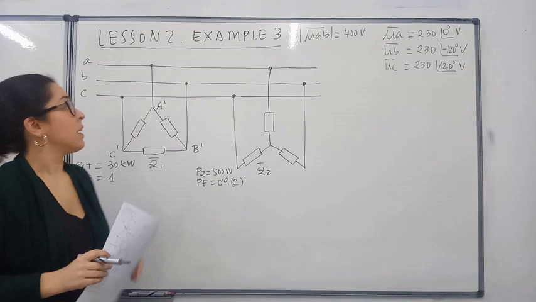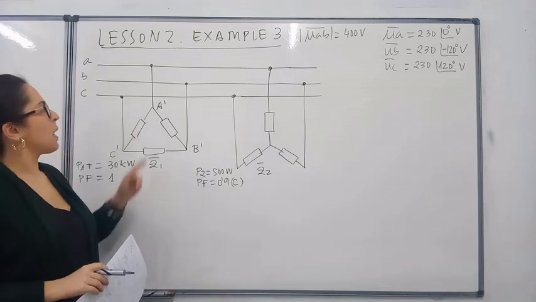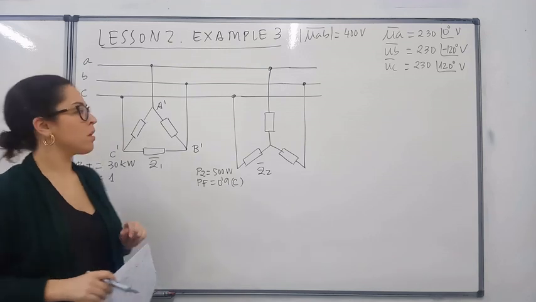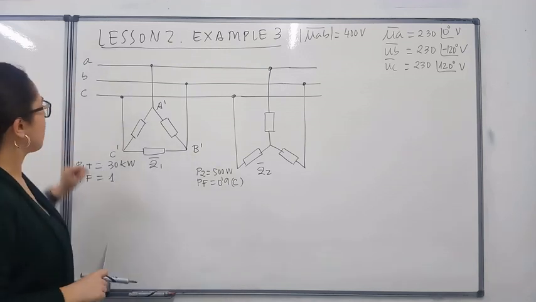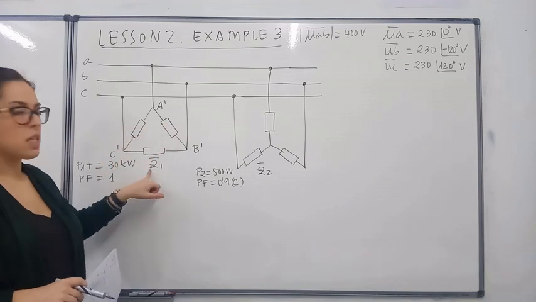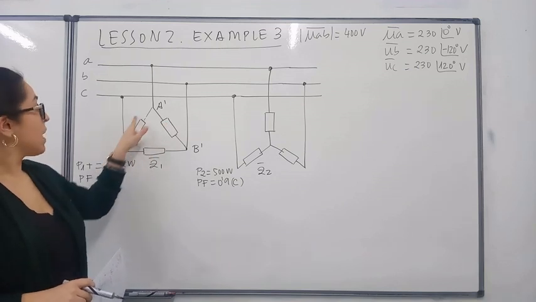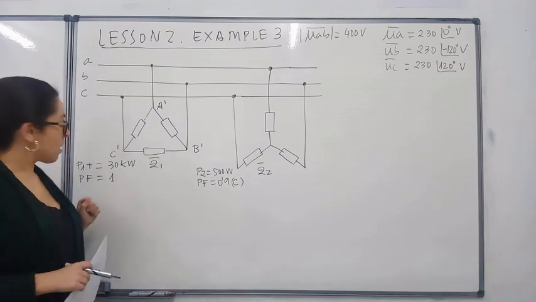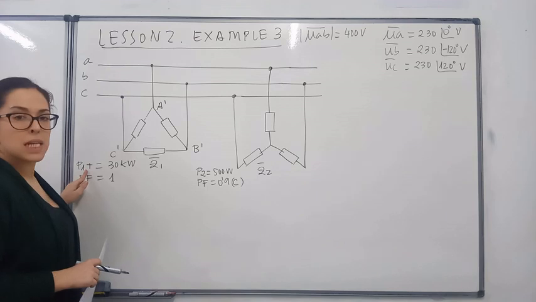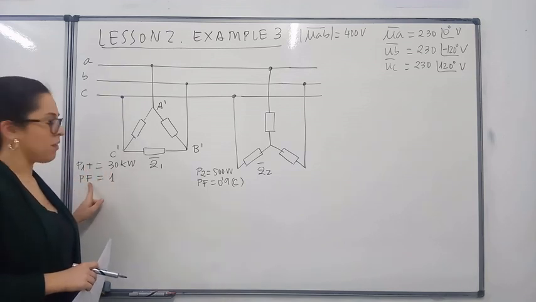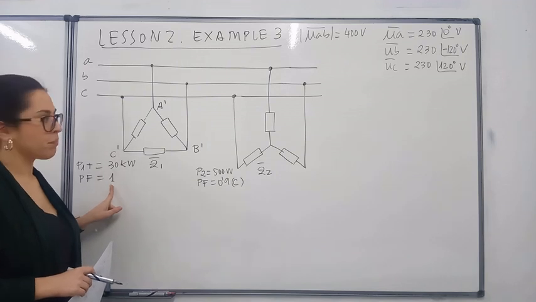Hi everyone! In this video we are going to explain example 3 from lesson 2. So what do we have in this system? We have 3 loads whose impedance is Z1, which have delta connection. About these loads, we know that the total active power is 30 kilowatts and the power factor is equal to 1.